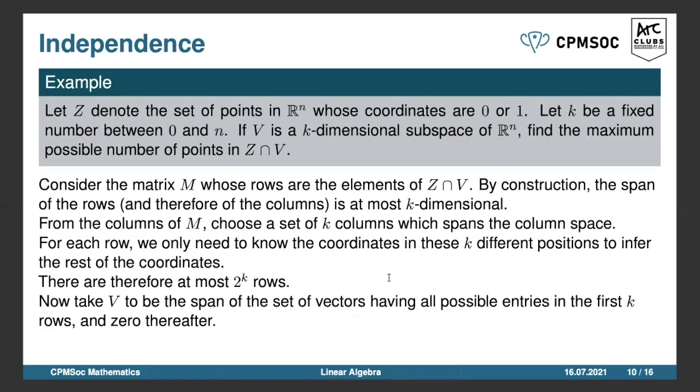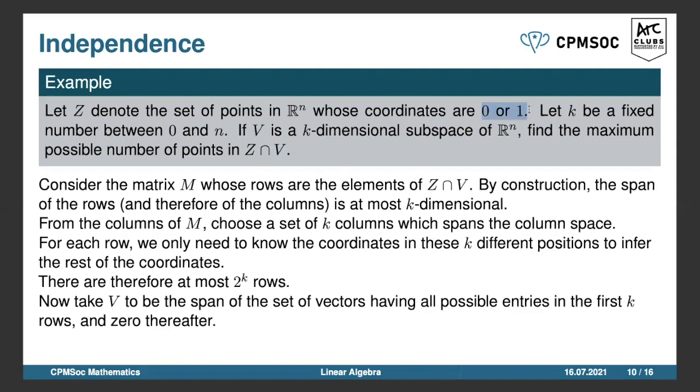And so if we take all the possible vectors of this form, and we take their span to be V, this form meaning we have arbitrary entries in the first k spaces of the vector, and the rest are just some linear combination of those first few.